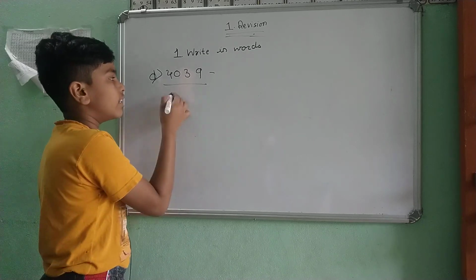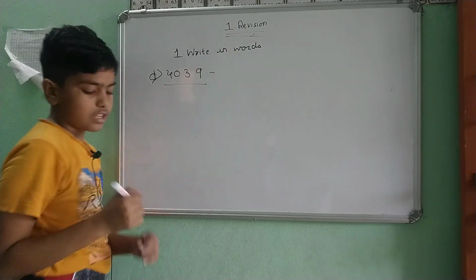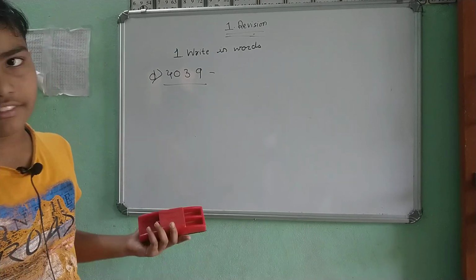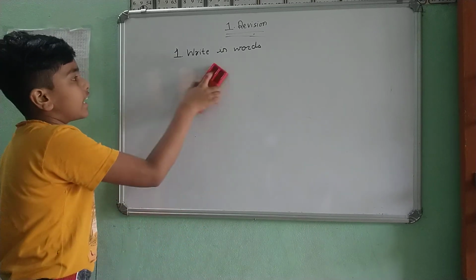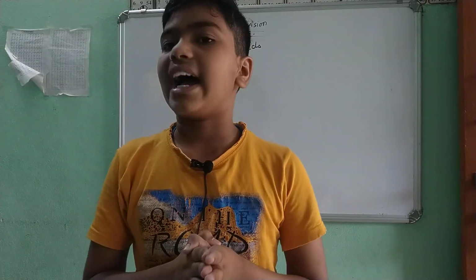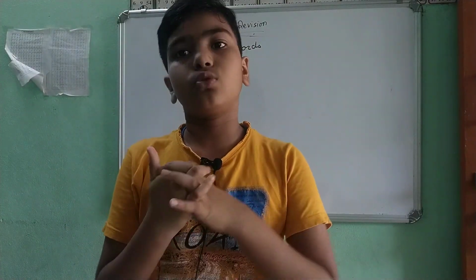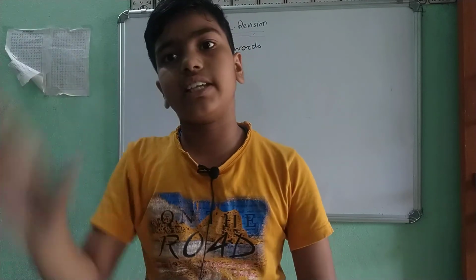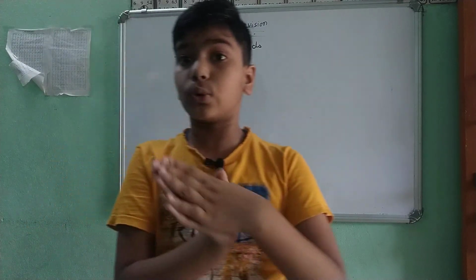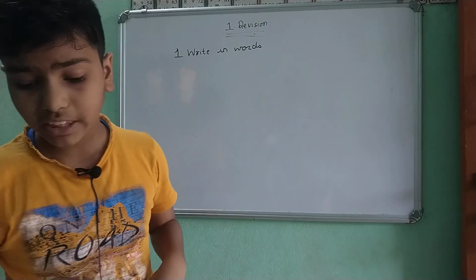Write in words. I am not writing it. Then in the next video I will take it. Remember, that homework I am giving you, you have to do it with your mind. I will take in the exercise, and you see in the exercise what I have taught you, and that method only you choose for the homework I give you, okay.